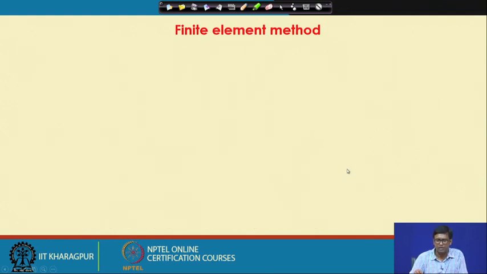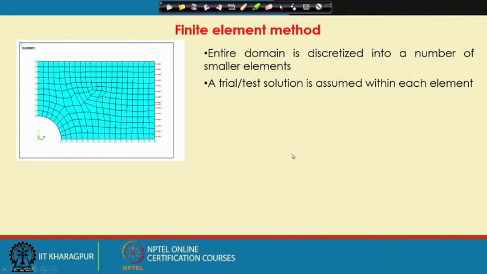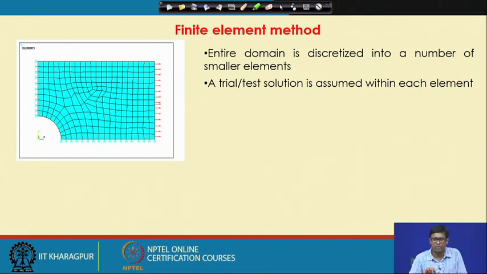The other method is the finite element method, which is a very rigorous method, especially applicable for irregular geometries. For finite difference, we have developed it for a regular Cartesian geometry. Finite element can be applicable for complex geometries. Here the entire domain is discretized into a number of smaller elements, a trial or test solution is assumed within each element, and then the error is estimated from the trial solution.